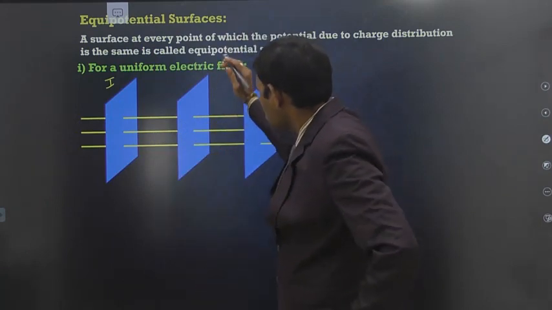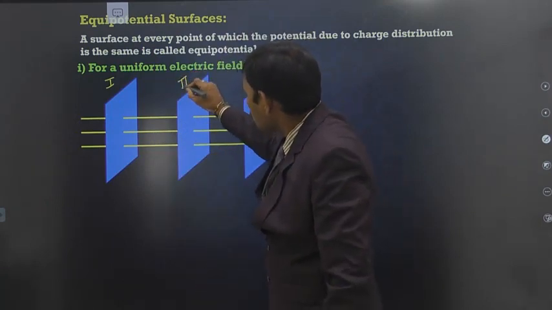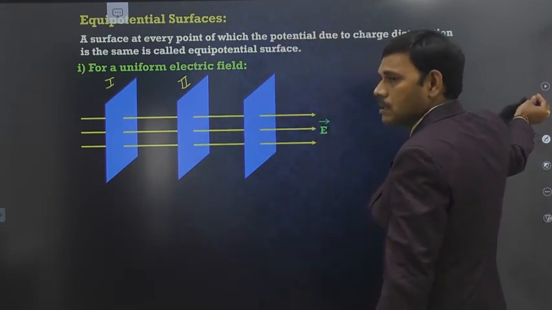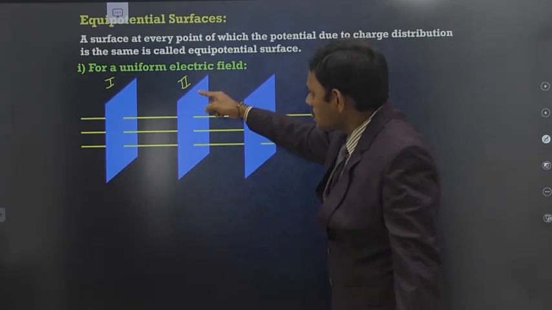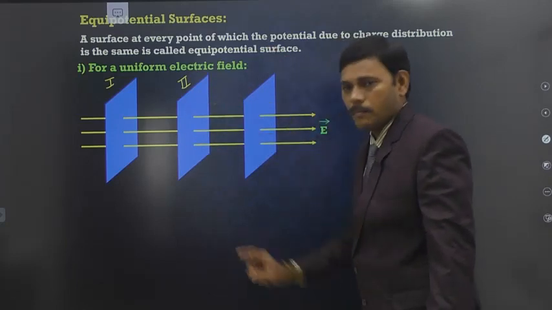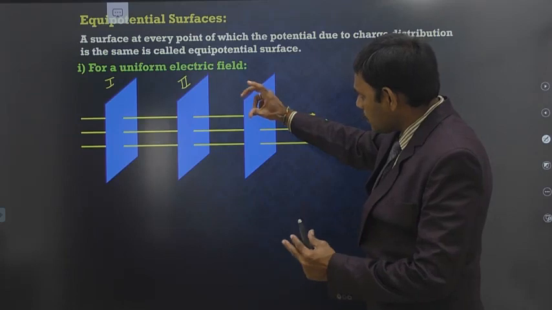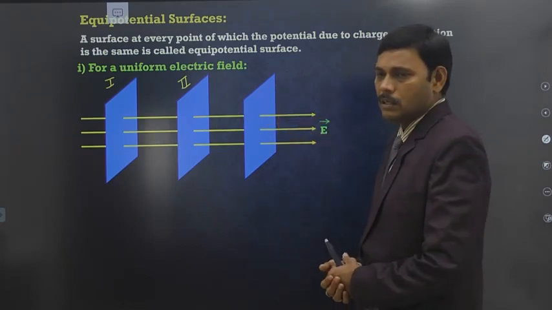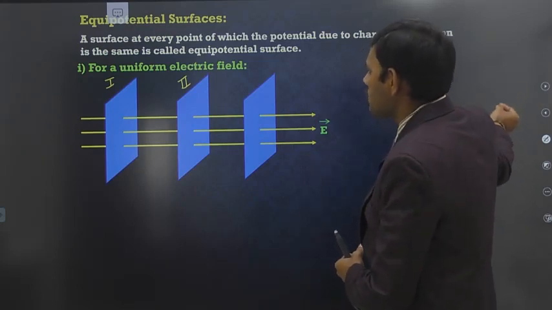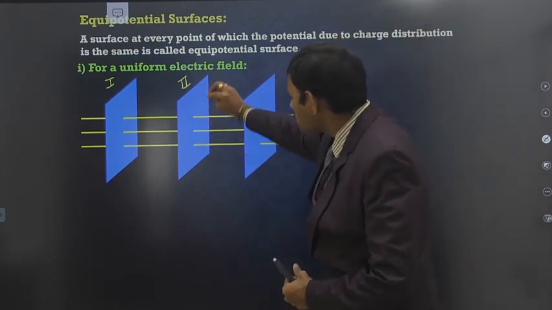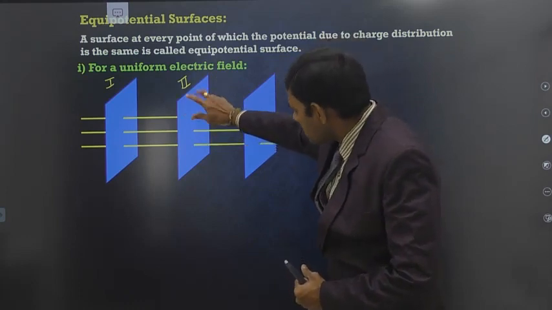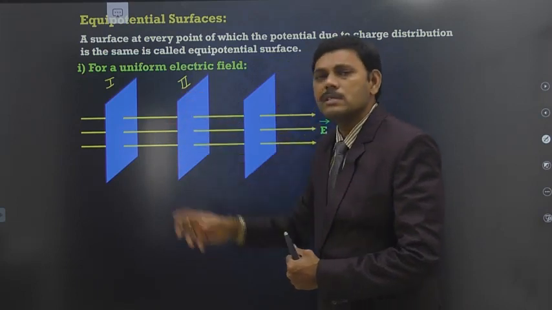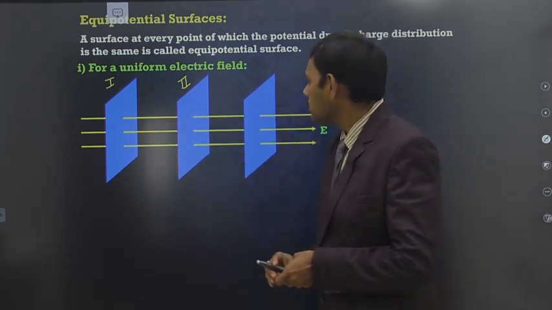As well, if you consider the second one, it also has the same potential, because to bring a unit charge from infinity to any point of the surface, suppose you consider the second plane drawn perpendicular to the uniform electric field, then the work required to bring a unit charge from infinity to any point on this plane is the same. Hence potential is also the same for all points of the surface. So this surface is considered an equipotential surface.